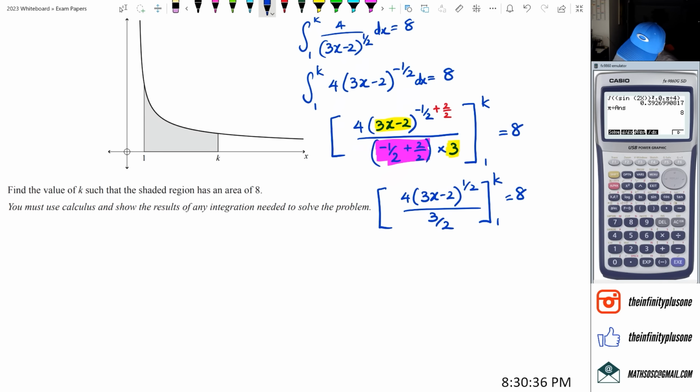Then 3 over 2 is the same thing as taking 4(3x - 2) to the power of half divided by 3. But now the 2 comes to the numerator, so we've actually got 8 in the numerator, between k and 1 equals 8.